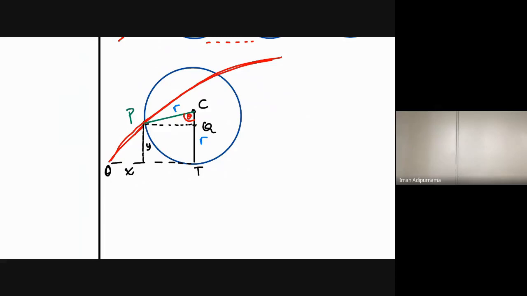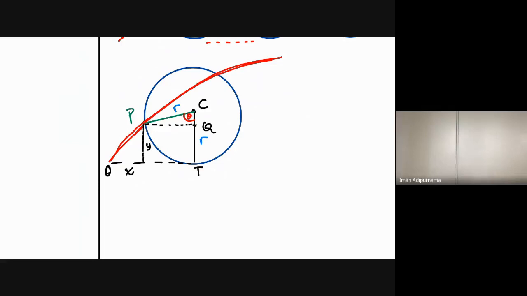To give you a rough idea how we deal with this one, this OT, imagine O is the first starting point for P. So before P going here, P is here. Imagine you roll the circle and P is here, and P is moving right over here. So if you imagine from PT here, all this PT is rolling up this OT.